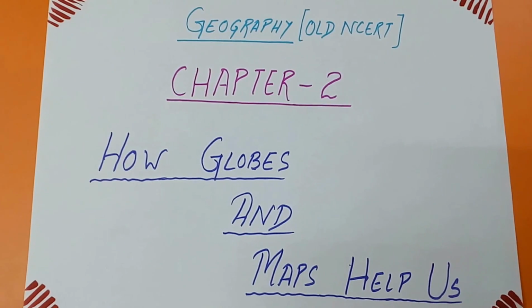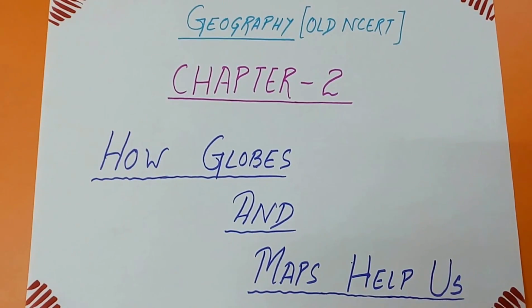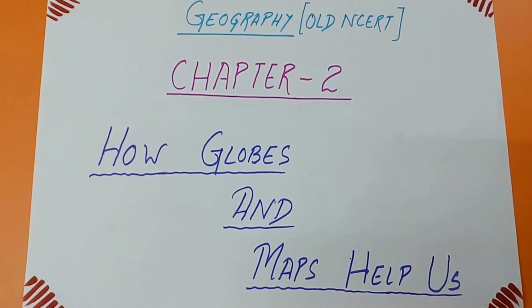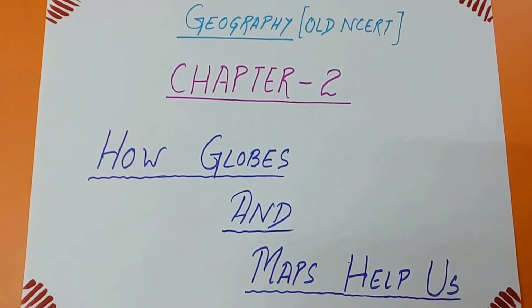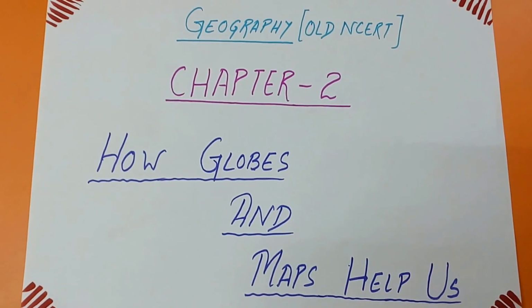In the second chapter, we will see why globes and maps are useful to us, and we will see all the terms which are related to this chapter. I will deal with the chapter in 3 parts.